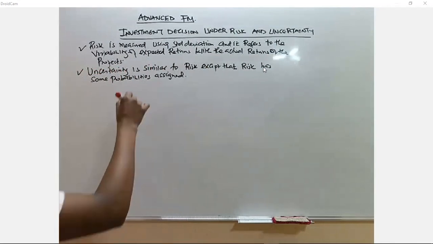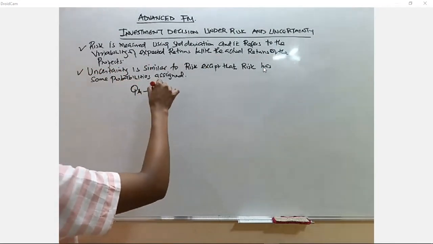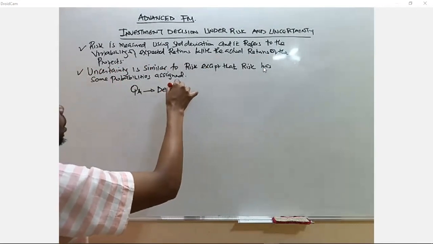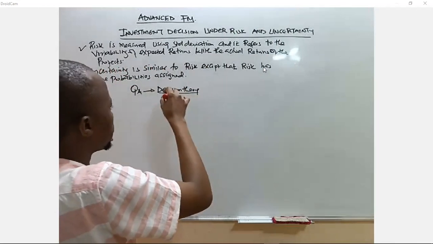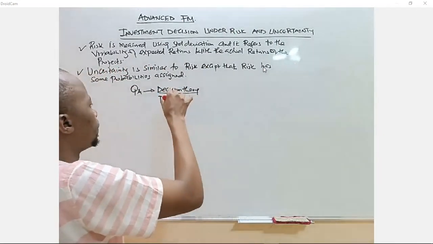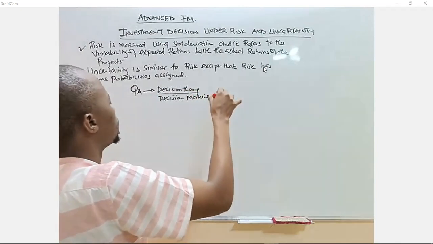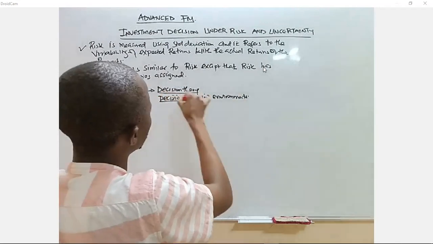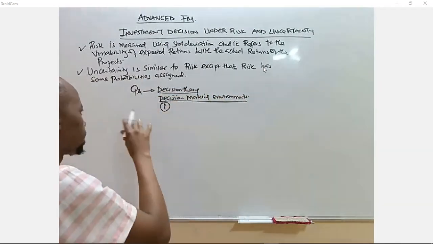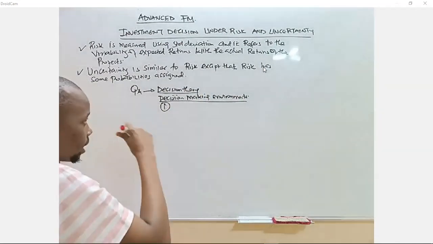I will take you back to QA, under the topic we used to call decision theory. We used to say that the decision-making criteria are the decision-making environments. We used to have 4. This is out of our syllabus, by the way. I just want you to understand the concept I'm teaching.